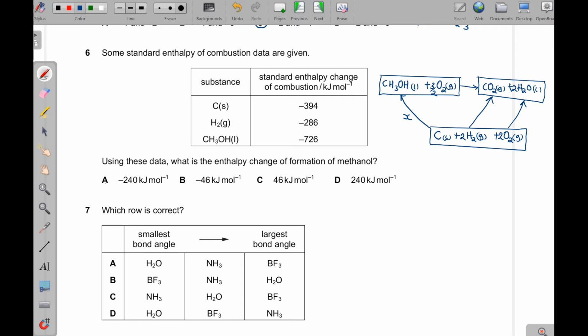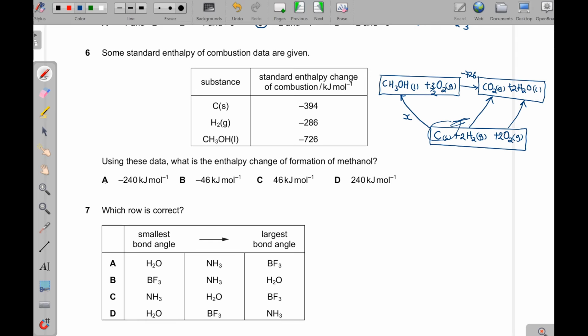And then here, the enthalpy of combustion of methanol is negative 726. So here we have negative 726. Okay, then we have enthalpy of formation. This one can be formation of carbon dioxide because it is from its element, but we can also have it as enthalpy of combustion of carbon.